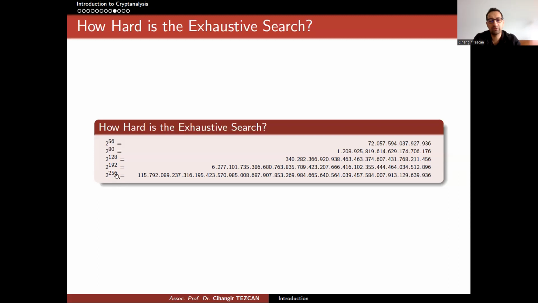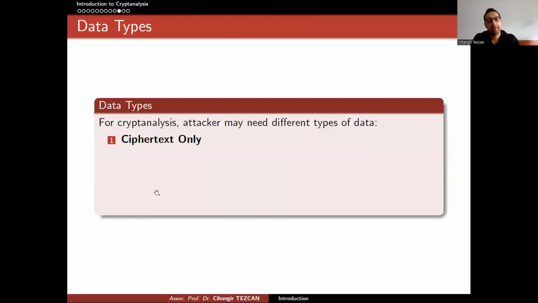This is why you might want to stay on the safe side and use a larger key. So this number is really huge. It is almost equivalent to the number of atoms in the galaxy that we can observe actually. So it's a very, very huge number.